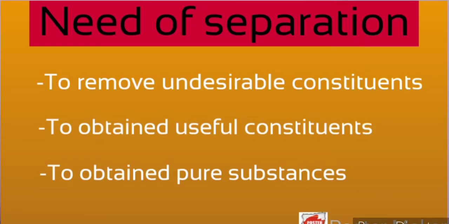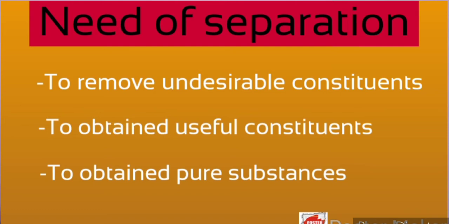Now next we come to why separation is needed. First is to remove the undesirable constituents. The constituents which are not needed need to be removed, like stones from rice. They are undesirable, not useful, so they should be removed. Next is to obtain useful constituents, like in the refining of petroleum.